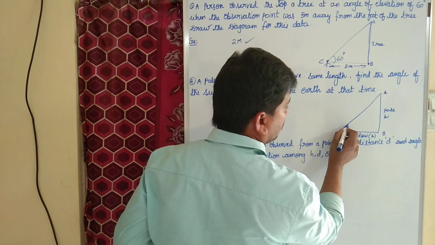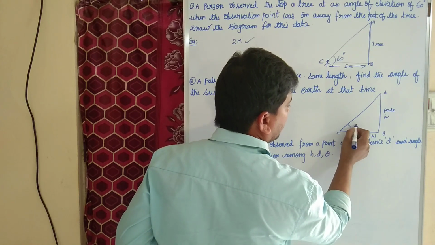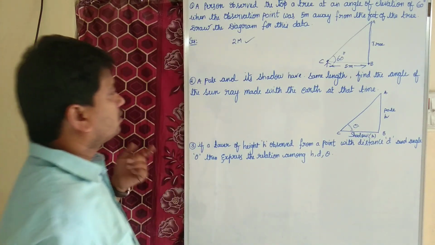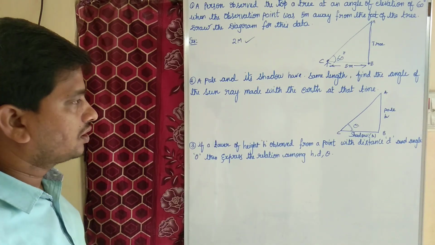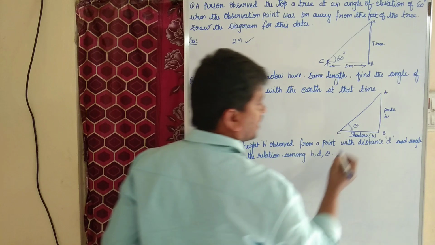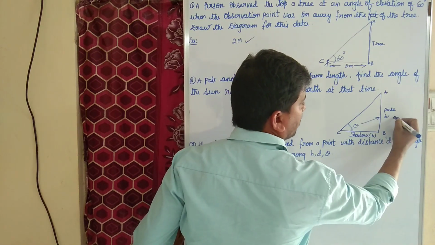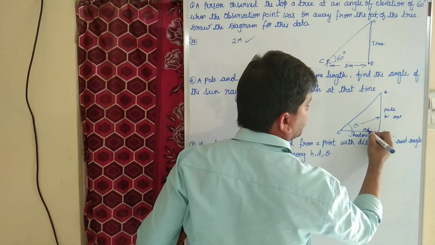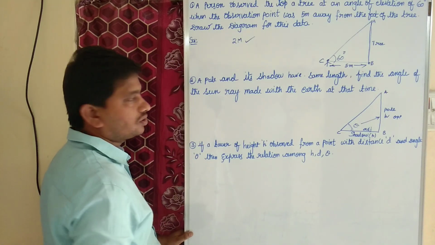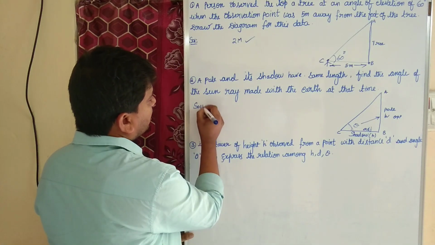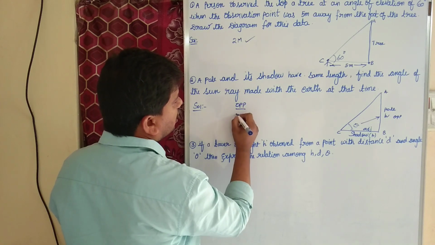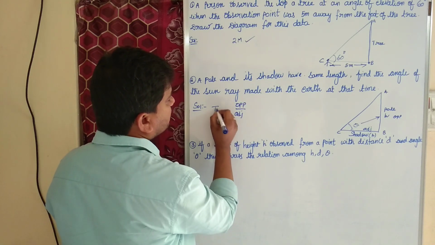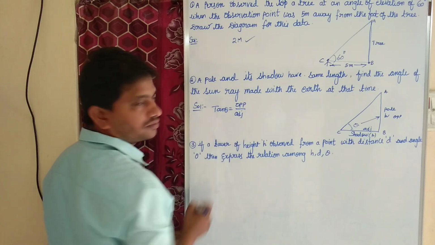What we need to find? We need to find the angle of the sun ray made with the earth at that time. Children, as the angle is here, this side will be the opposite side and this is the adjacent side. So what is the trigonometric function whose ratio is opposite to adjacent side? Of course, tan theta, right?